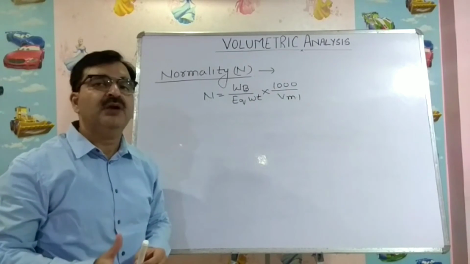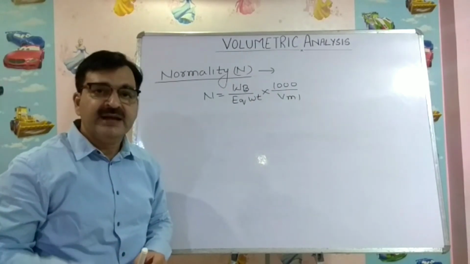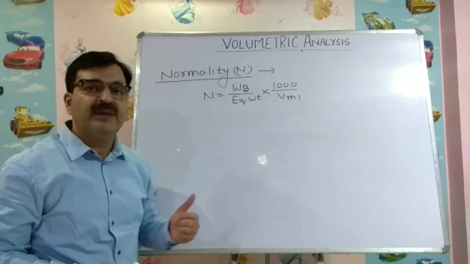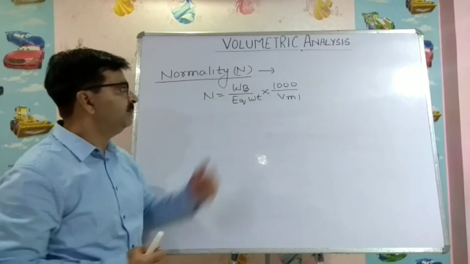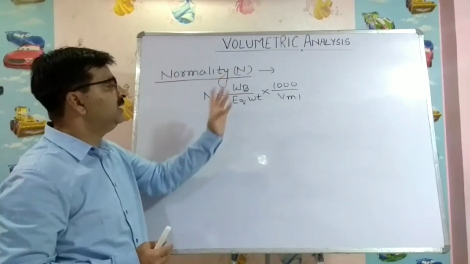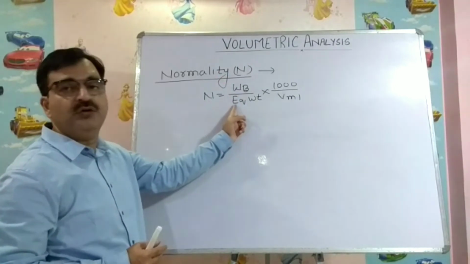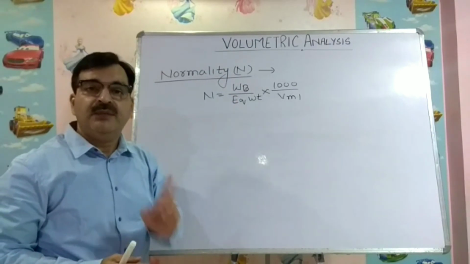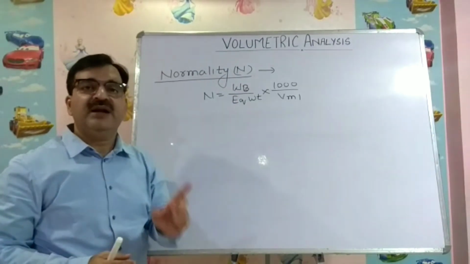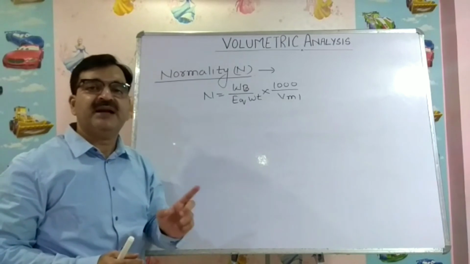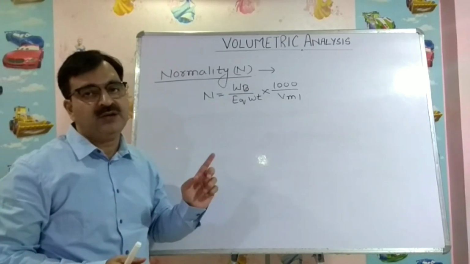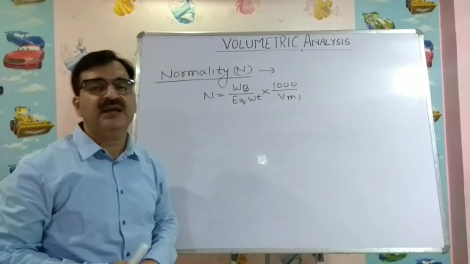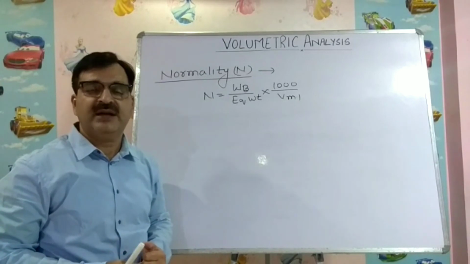As molarity varies inversely, in a similar way, by increasing the dilution X times, normality also decreases X times. Here WB is the mass of solute, EQWT is the equivalent weight of solute. We calculate this equivalent weight in different ways, and we take a separate class for this calculation.